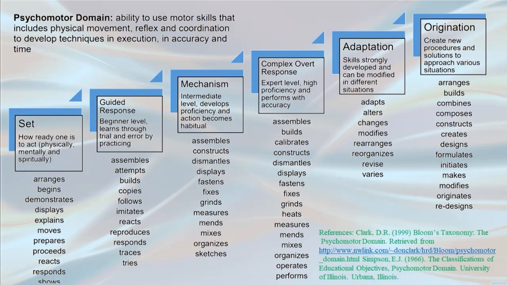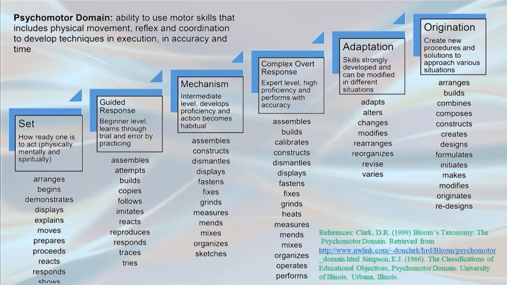And if we use the verb explain, it shows the second level, which is understanding. But for the psychomotor domain, it is very difficult to judge the level from the verbs we use for writing the objectives. And we need some more indication to judge the level of the objectives.